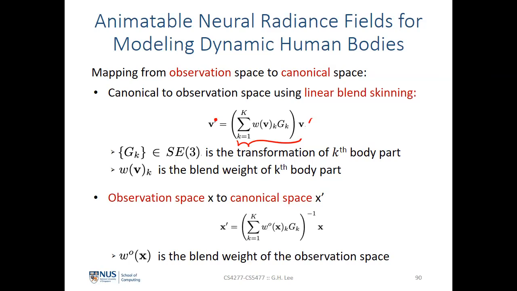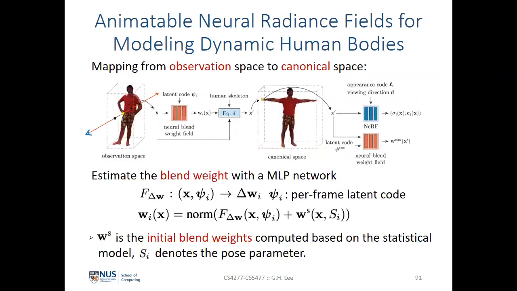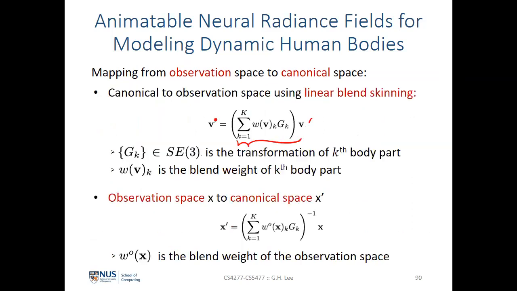So what they propose here is to design a network that outputs the blending weight over here. G here is nothing but the bone transformation between the joints, and it stays fixed. You can actually use SMPL, a simple model, to estimate all these parameters given any image or a bunch of multi-view images.